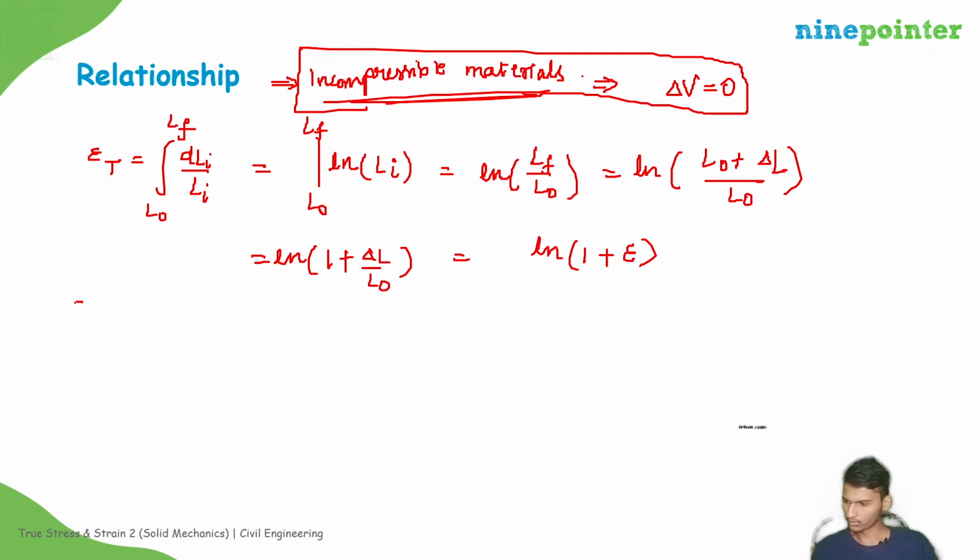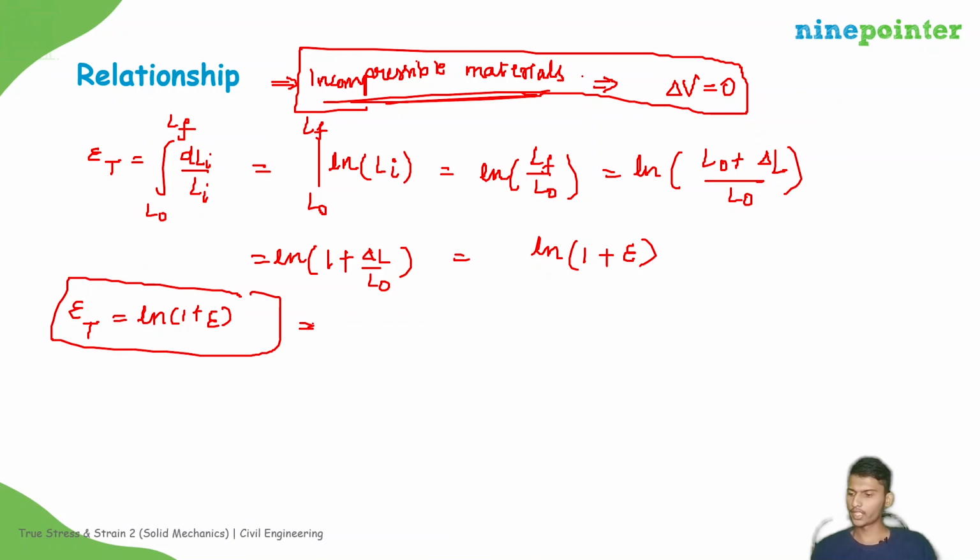So epsilon T is equal to ln of 1 plus e. This is true for any kind of material, because here we didn't assume that the material is incompressible.